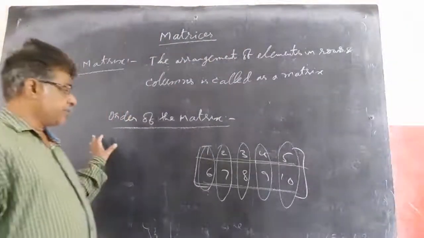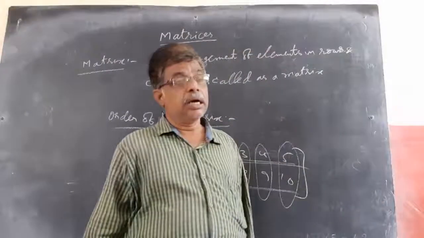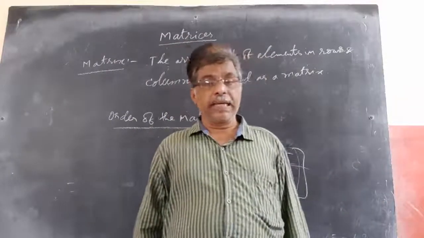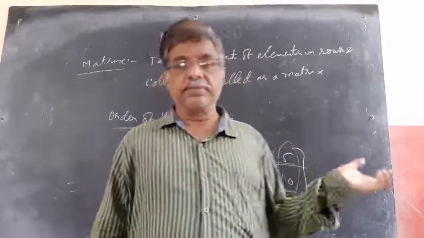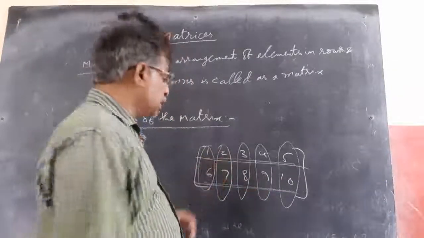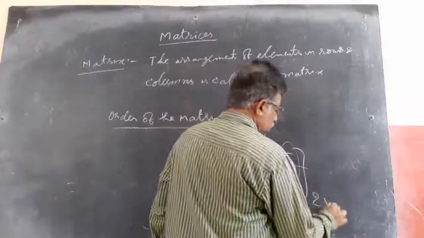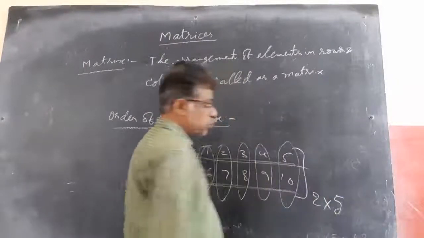The order of the matrix is nothing but the number of rows by the number of columns. How many rows and how many columns are there in a matrix is called the order of the matrix. Here I have 2 rows and 5 columns, so the order of this matrix is 2 by 5.